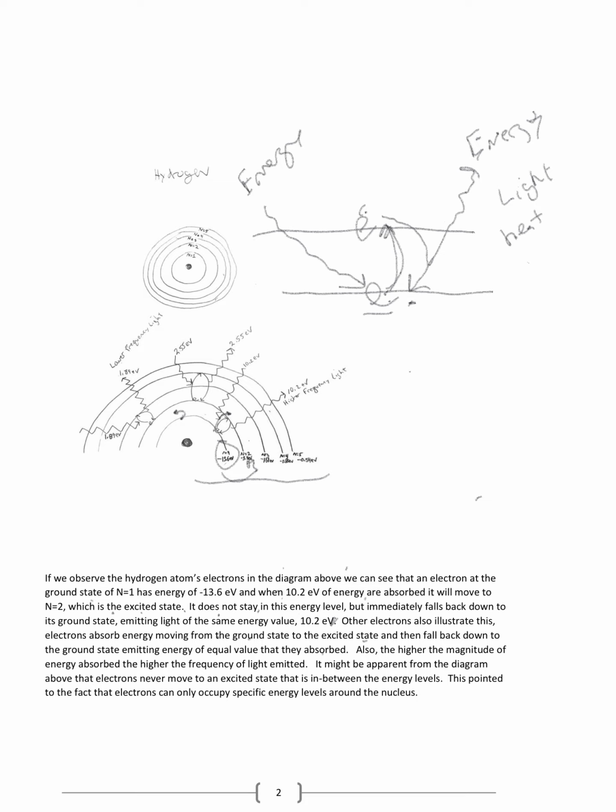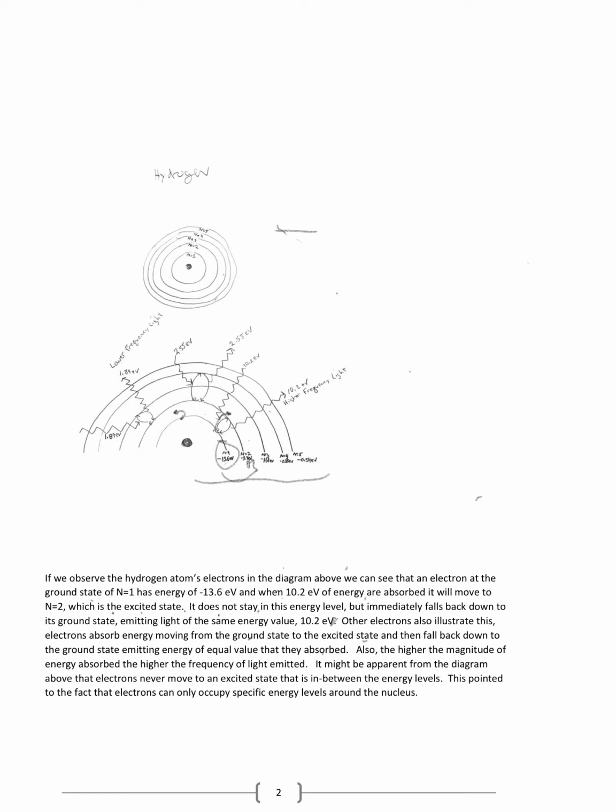Okay, so if I go back to this diagram, here, let me take this space and show it. Okay, so if this is the first energy level, n equals 1.